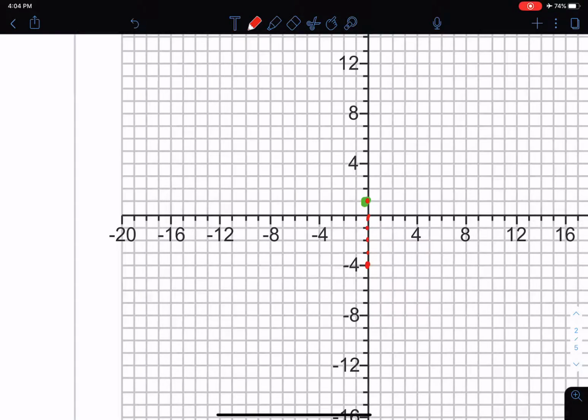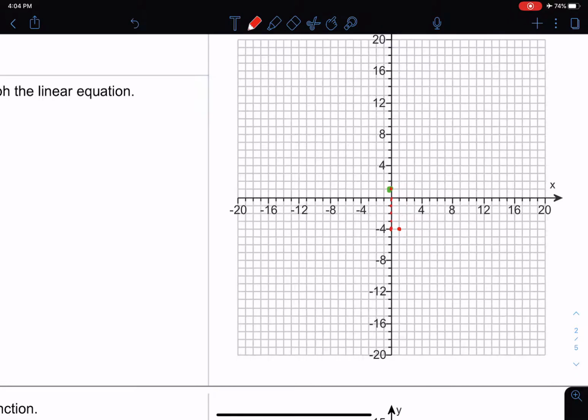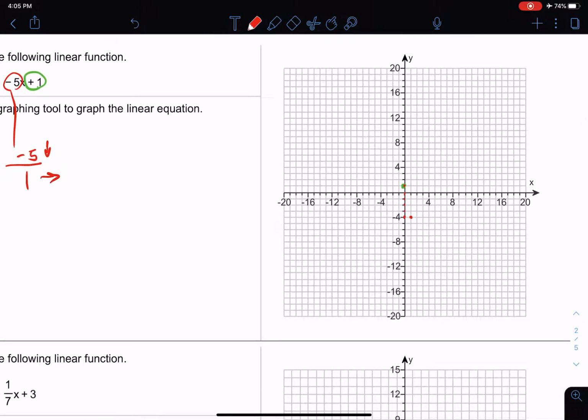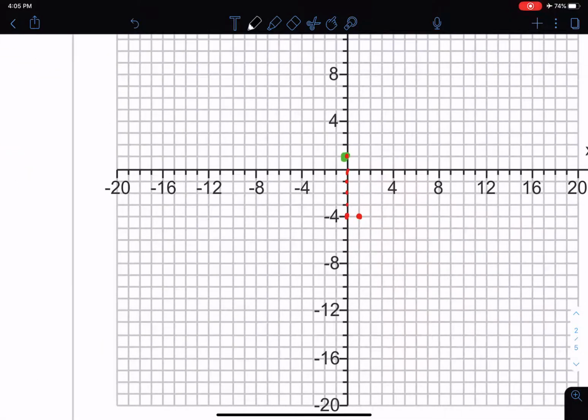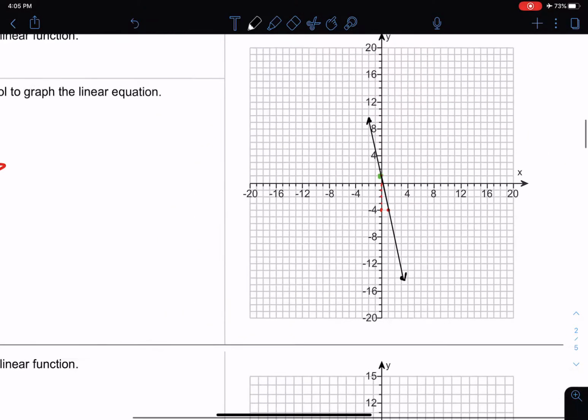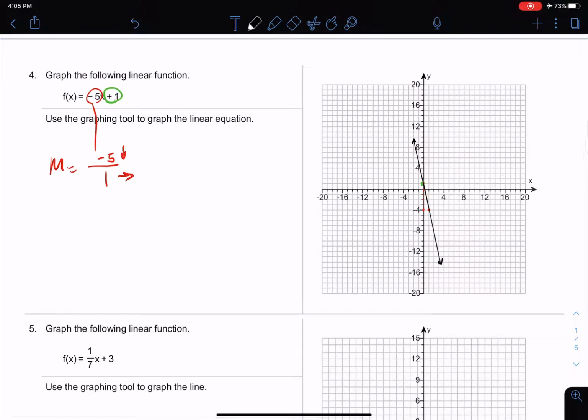So it was 1, 2, 3, 4, 5, and then right 1. This gives us this negative slope that I can make my line with. And there is the line. There's your function f of x equals negative 5x plus 1.